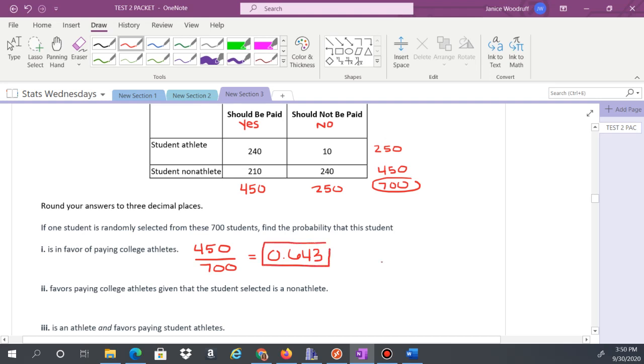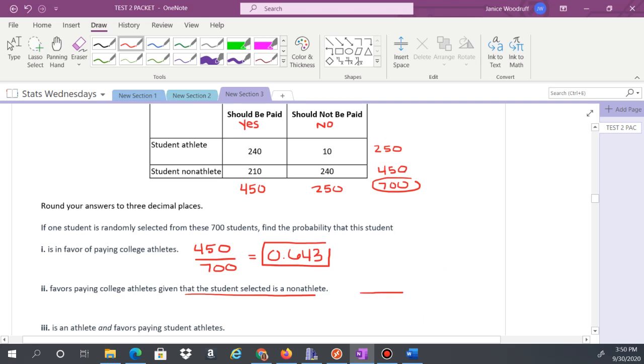Okay, find the probability that one person favors paying college athletes given that the student selected is a non-athlete. Okay, so start with the given. So this is a conditional probability. Given that the student selected is non-athlete, which means my denominator, how many total non-athletes did I survey? 450.